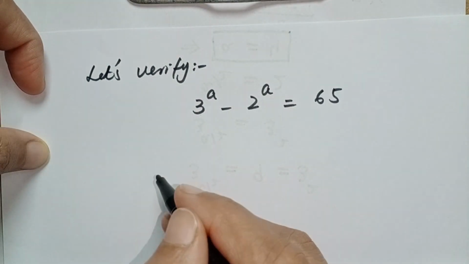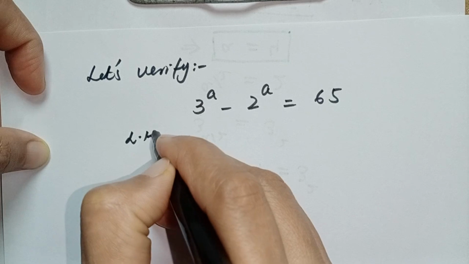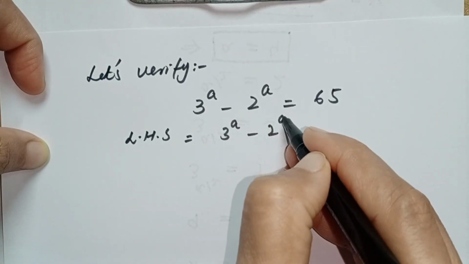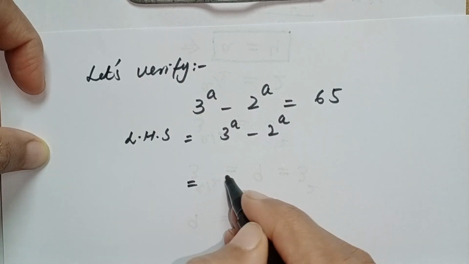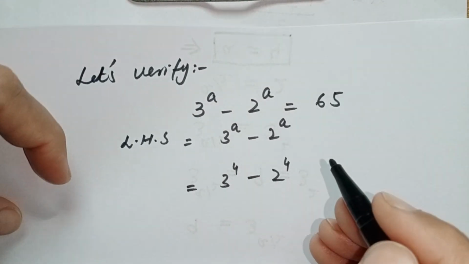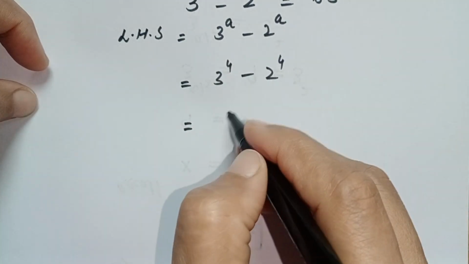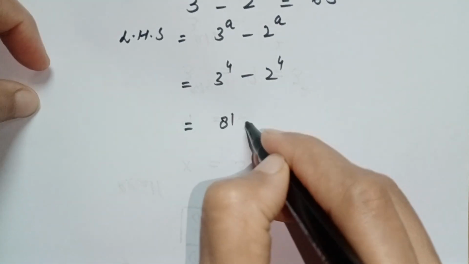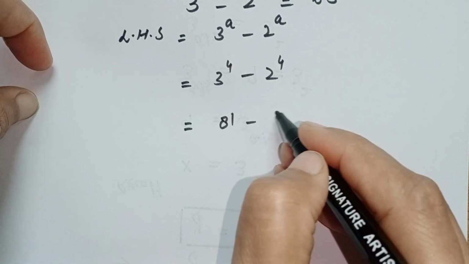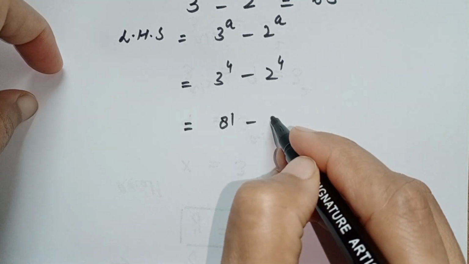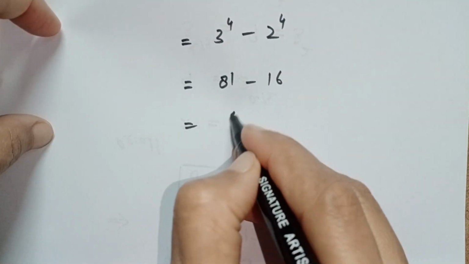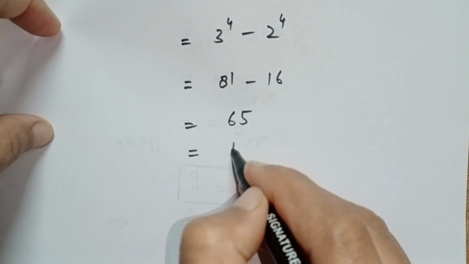Taking the left hand side, it is 3 to the power a minus 2 to the power a. So a is 4. So 3 to the power 4 minus 2 to the power 4. 3 to the power 4 is equal to 81, minus 2 to the power 4, which is 2 times 2 times 2 times 2, will give 16. So 81 minus 16 will give 65, which is equal to the right hand side.